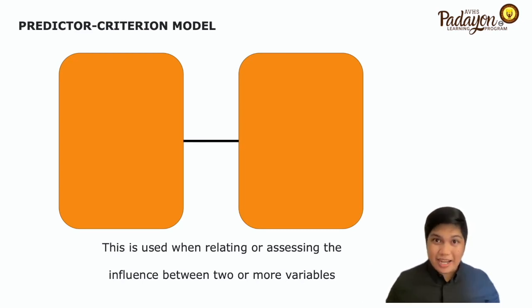Then frequency counts, and then we will see whether there's a relationship between being in a relationship or being single in terms of their academic performance. So that is predictor criterion model. You don't manipulate any variable. You just collect the data from one variable and then another data for another variable and try to see the correlation between these two variables. So that is predictor criterion model.